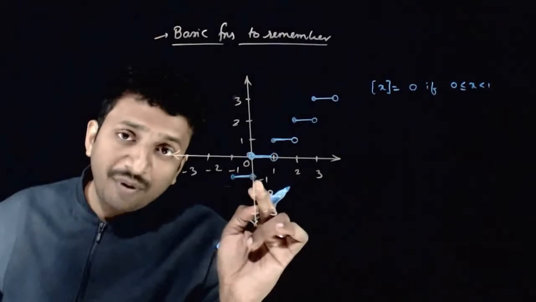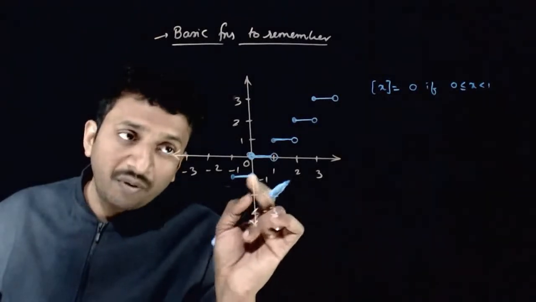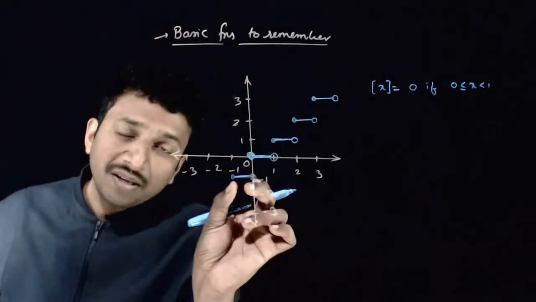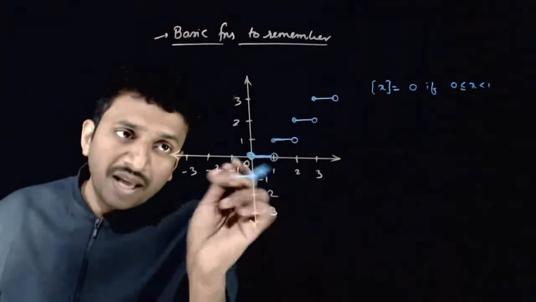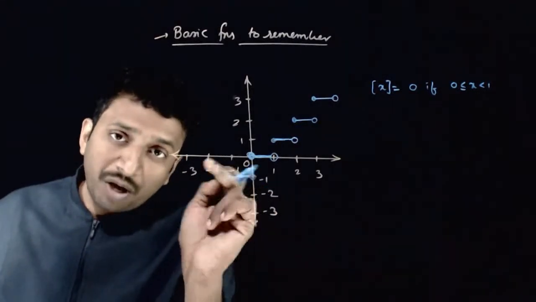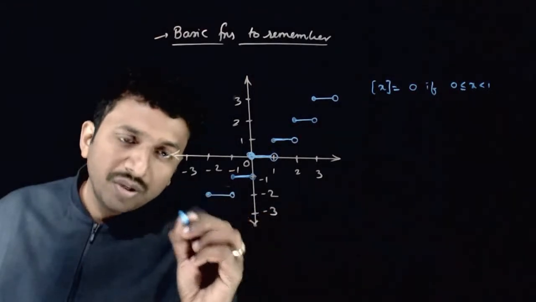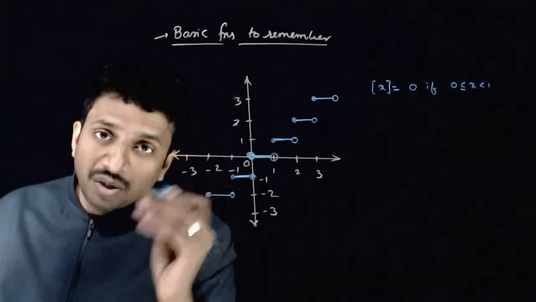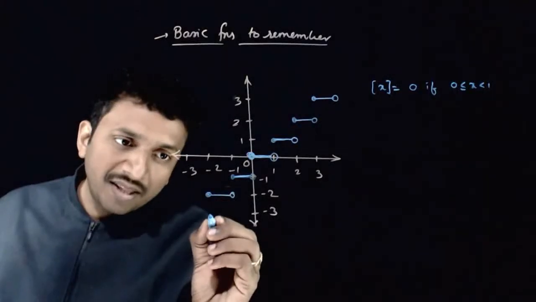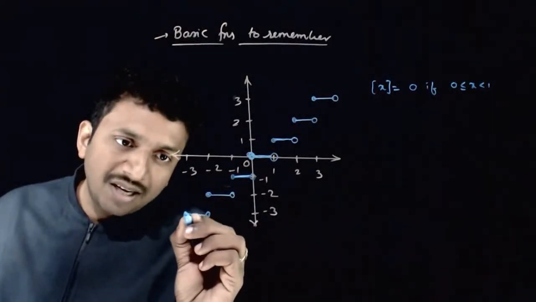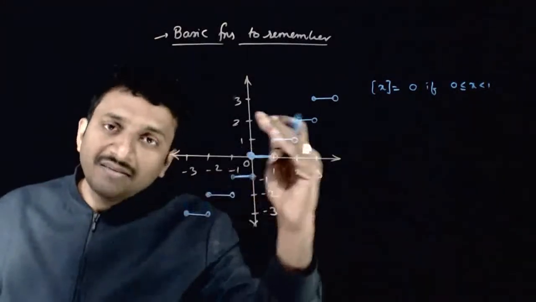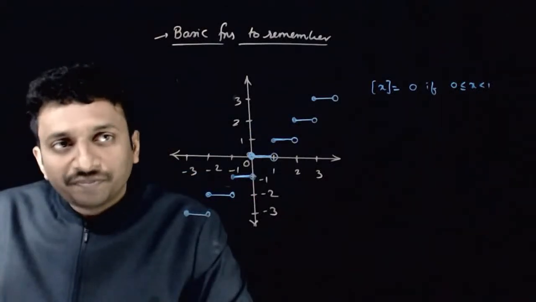So before x is equal to 0, this -1 works. And as x goes beyond -1, the value will be equal to -2. And as x jumps to the left of -2, the integer part will become -3. And this curve goes like this.